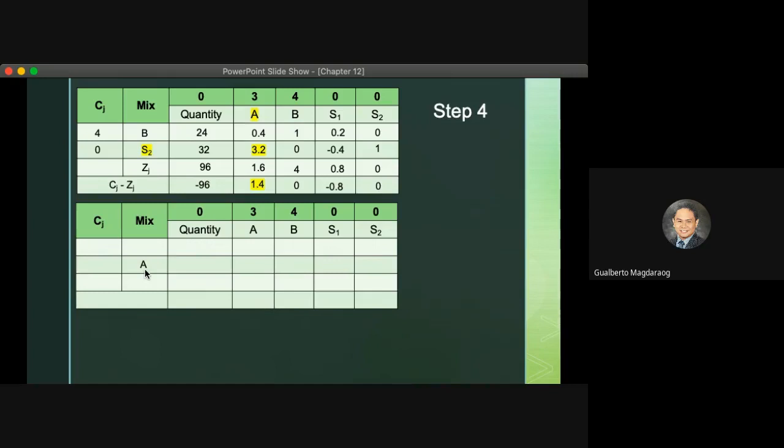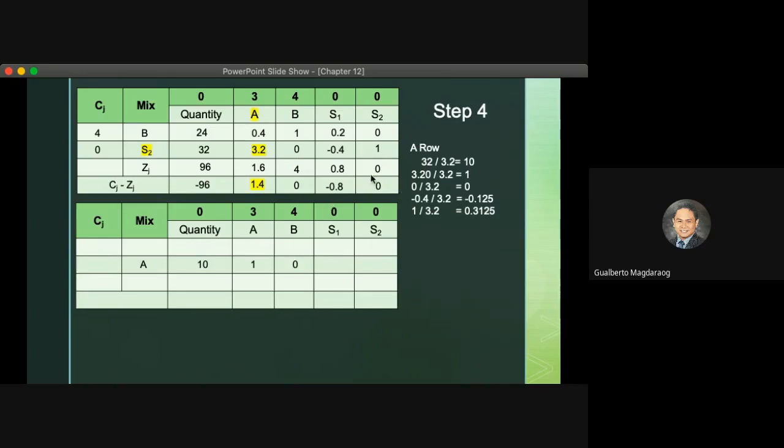And then, divide 32 divided by 3.2 is 10. For A, 3.2 divide by 3.2 also, that is 1. 0 divide by 3.2 is 0.